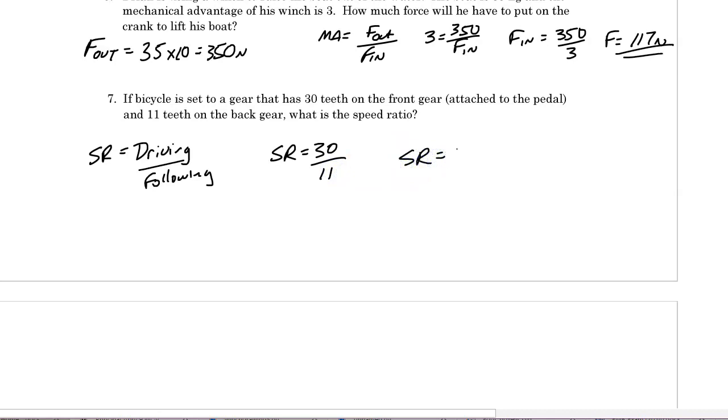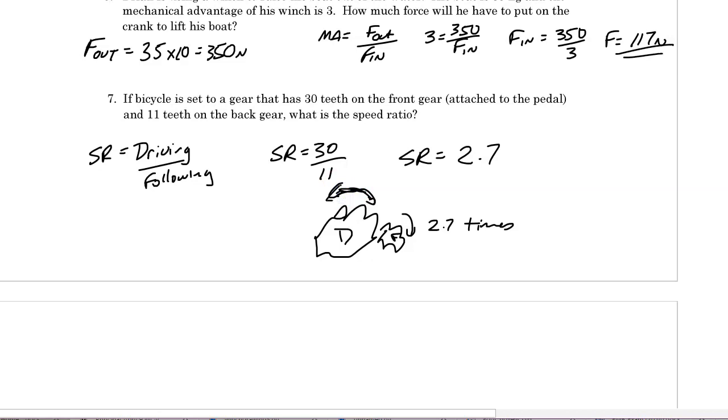So the speed ratio is 2.7. What that means is that the following gear spins 2.7 times for each time the driving gear spins. So this gear is going to go once, the following gear goes 2.7 times, or 2.7 times faster.